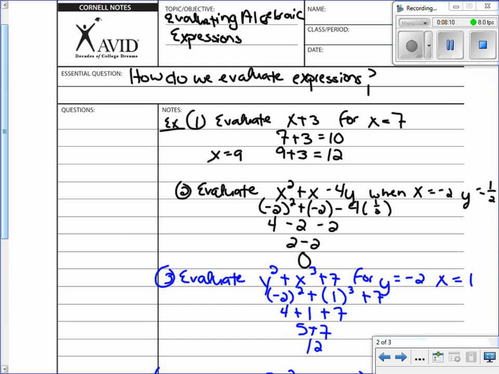The questions that you need to be able to answer to know that you've mastered this topic are: you would need to be able to evaluate x squared minus 8y when x equals negative 5 and y equals 1/2.